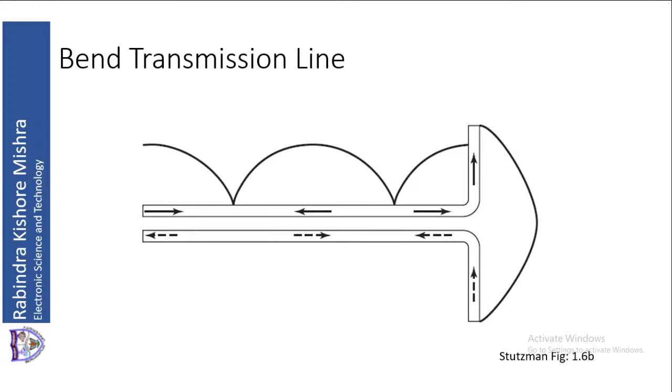So this bent region will result in radiation, or in an effective electric field and effective magnetic field. Because the current in both of these is the same, they will add up. Since they add up, they will not cancel.